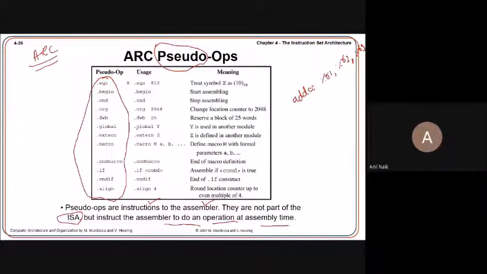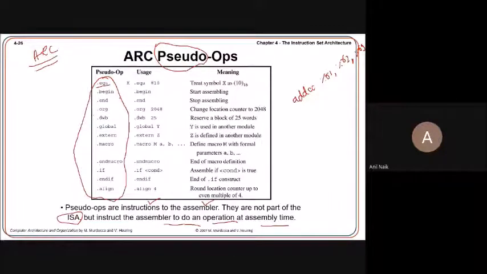In Python you don't write anything like that, you just assign variables. But in C, or in Java, public static void main. Likewise in pseudo operations we have operations like .equ.